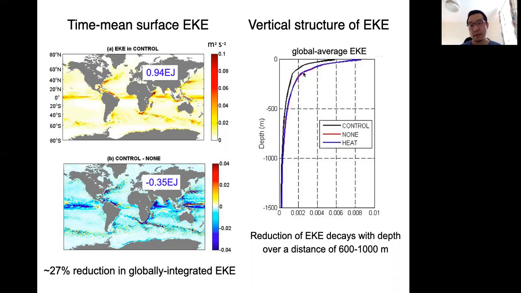The black curve is control, which includes relative wind stress damping, and the red and blue are from none and heat, and they don't include the relative wind stress damping effect. So this damping of EKE is not confined to the surface, although the damping effect is largest at the surface. The EKE is reduced throughout the water column with a decay scale of 600 to 1,000 meters.